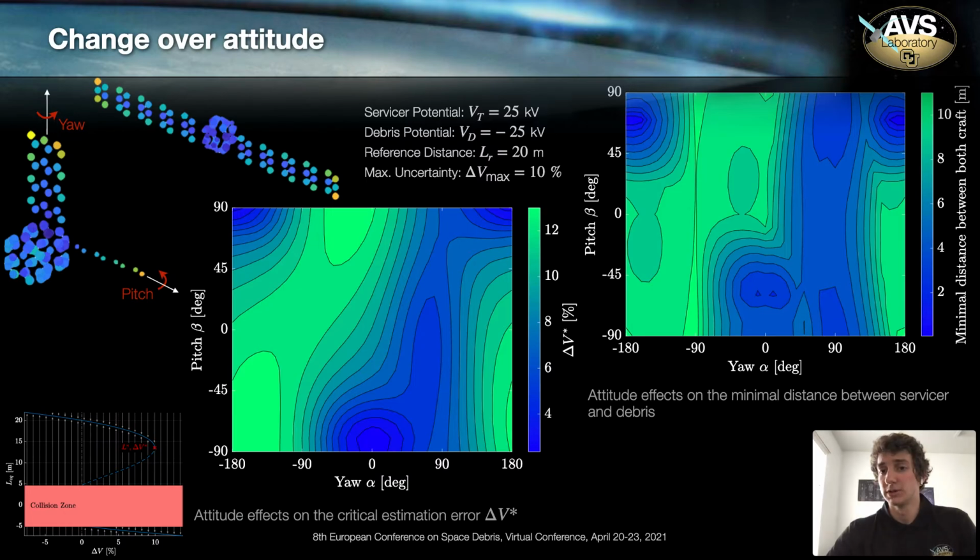So at some points for the worst case orientations, the minimal distance between the two craft decreases to as low as just 2 meters, meaning that the closest point between the debris and the servicing satellite is just 2 meters apart, which is a quite drastic decrease when compared to a reference distance of 20 meters.